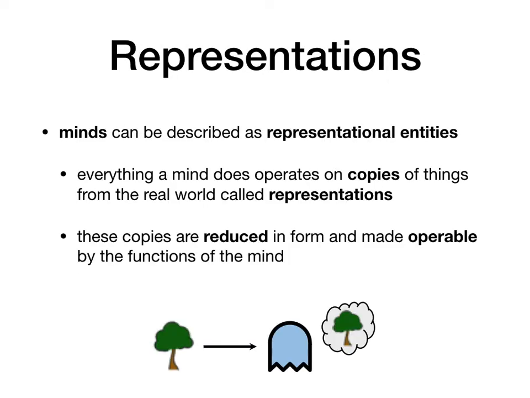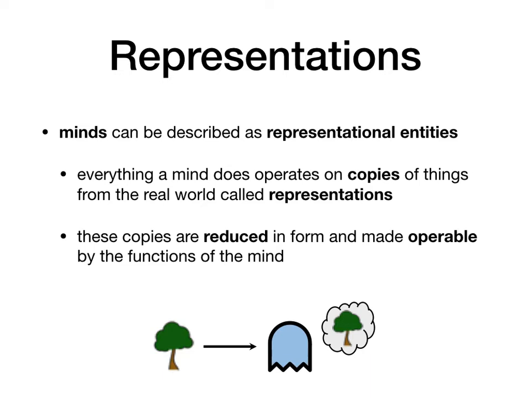So that brings us to the general concept of representations. Minds can be described as representational entities. Kind of makes sense. It's that sort of abstract world above whatever the body is interacting with in the actual environment, if you remember some of our history of mind.